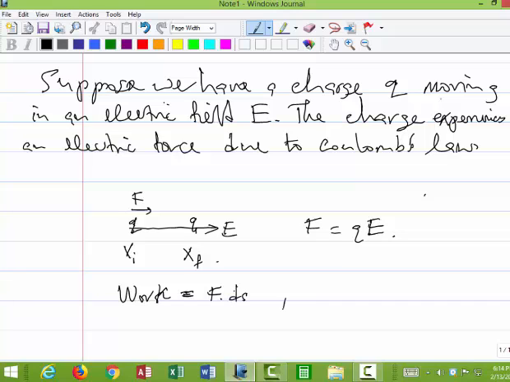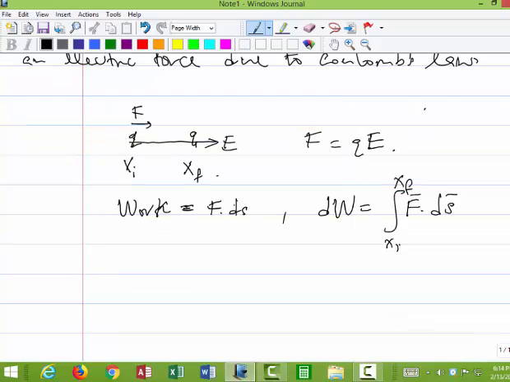So we can write W, the work done, equal to the integral of force times distance, ds, in going from X initial to X final. So this is the work done by the electric field on the charge in moving it from one position to the other. Okay, it's given by force times distance.